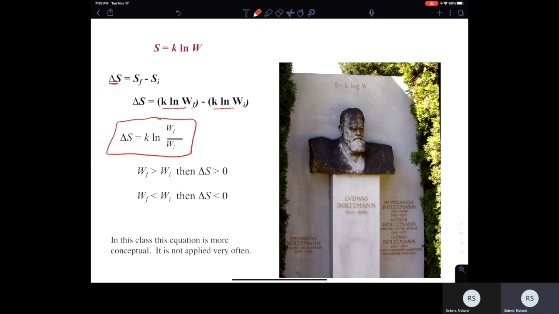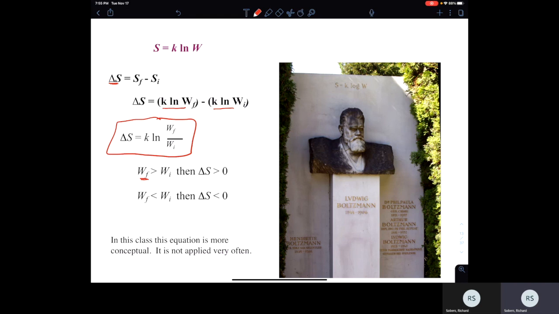The common term K, and then log of A minus log of B is log of A over B. So if the final number of microstates is greater than the initial, that ratio will be greater than 1, and the natural log will be positive.